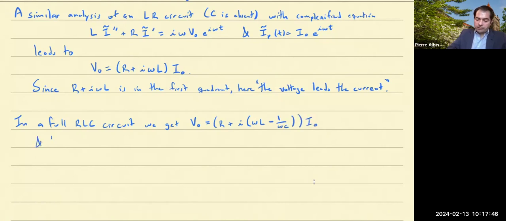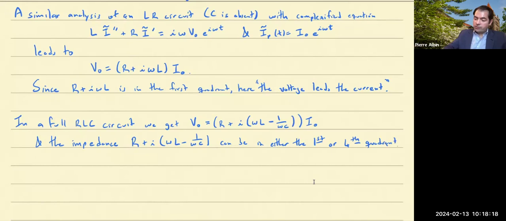And so here, the impedance R plus I times omega L minus 1 over omega C can be in either the first or fourth quadrant.